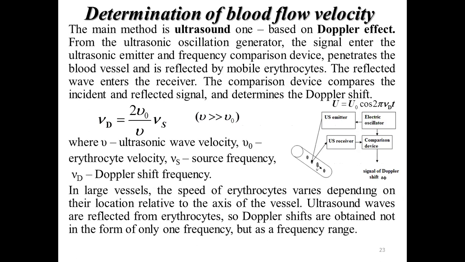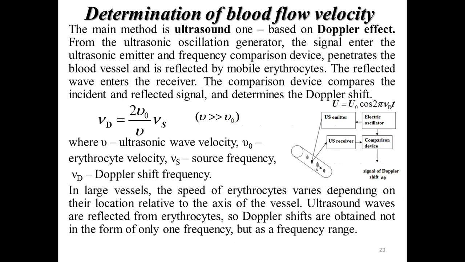Then, to determine the blood flow velocity, we can use two methods at least. The main method is the ultrasonic method based on the Doppler effect.